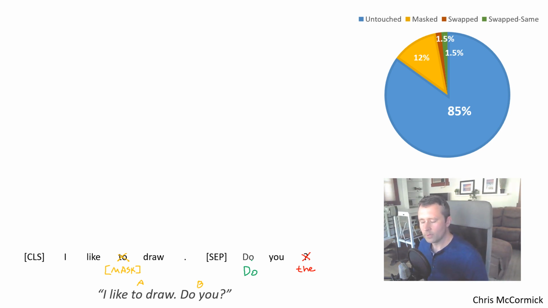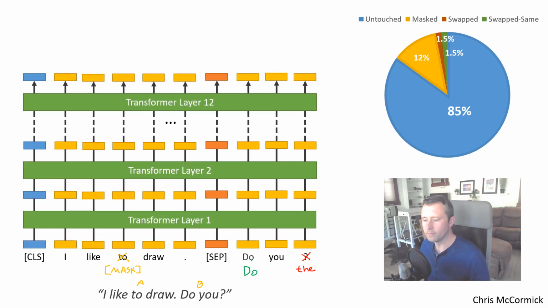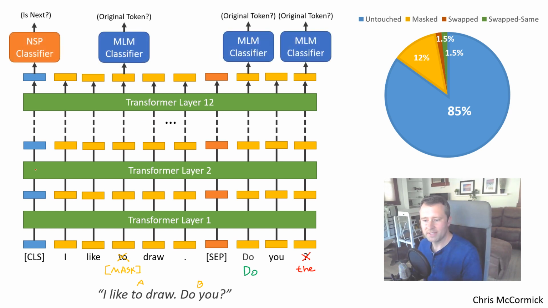So once we've made these modifications to the input, we send it through BERT, through the 12 transformer layers. For the first token, the CLS token, we give it to an NSP classifier.